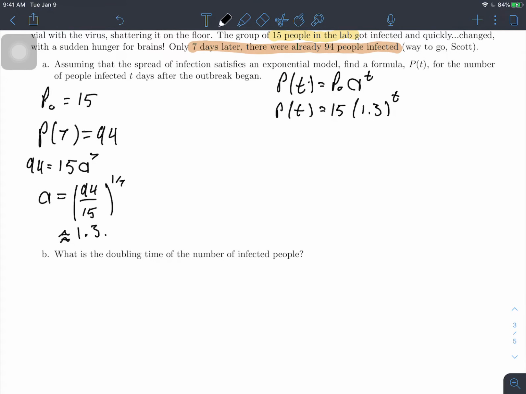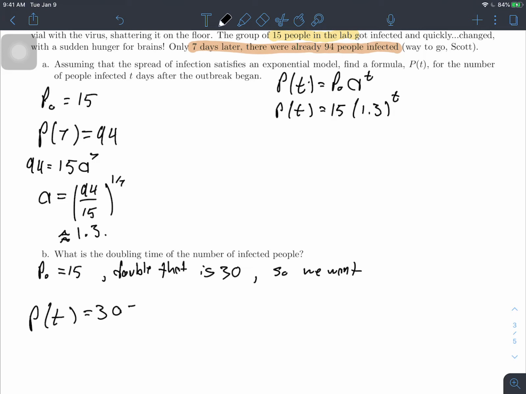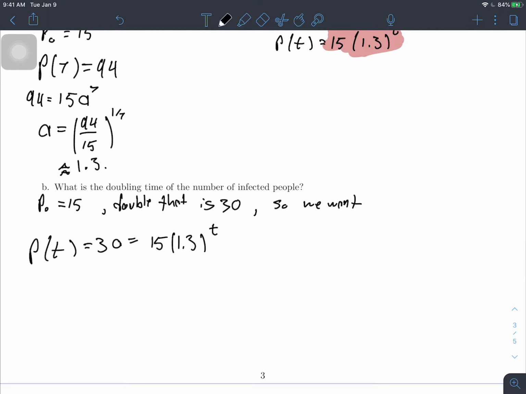So we want P of t equals 30, using my equivalent notation for P of t, 15 times 1.3 to the power t. Now I want to figure out what t is. Simplifying by dividing 15 on both sides, I get 2 equals 1.3 to the power t.